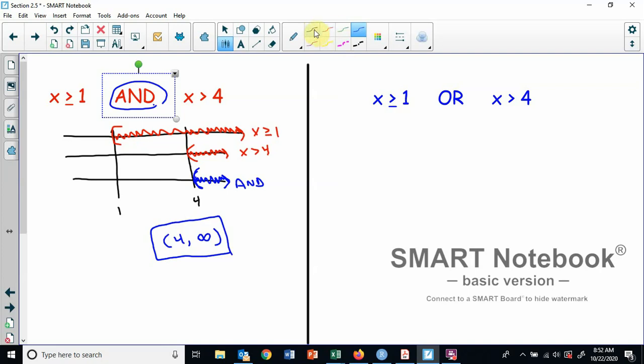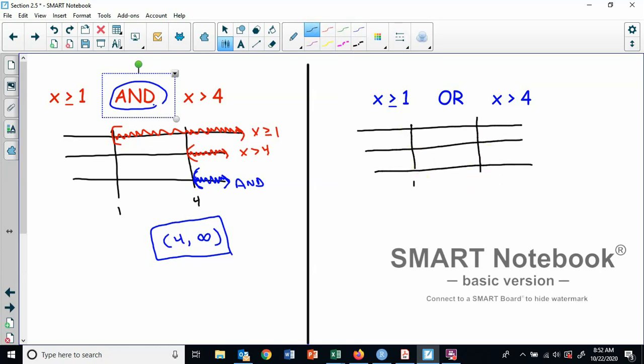Let's look at how OR would be with the same example. So let's see, what do I got? 1 and 4. Alright, so x is greater than or equal to 1. It's a bracket, and greater than or equal to is this direction. X is greater than 4. That's a parenthesis, and it shades in this direction.